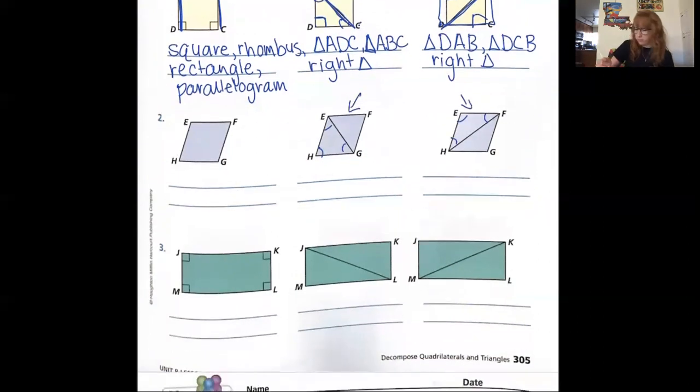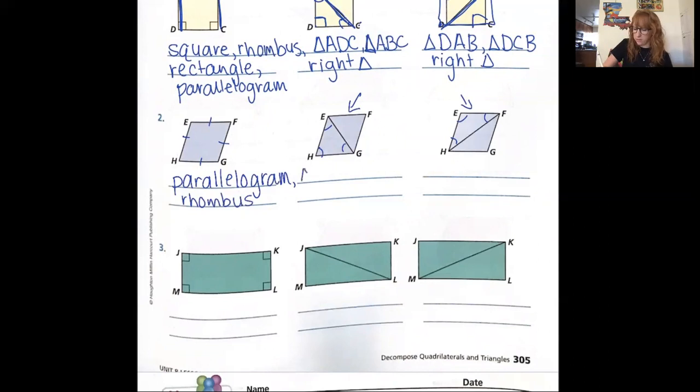So for number 2, this shape is a parallelogram because we have 2 pairs of opposite sides that are parallel. Parallelogram. And we also have a rhombus because if we measure each of these sides, we would find that they're equal. So this is a rhombus.